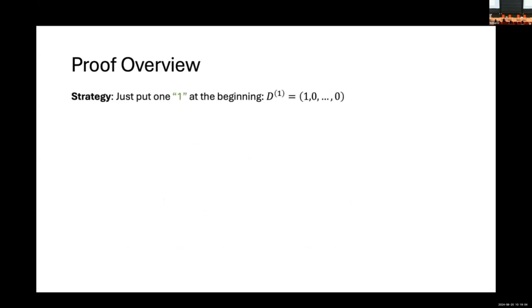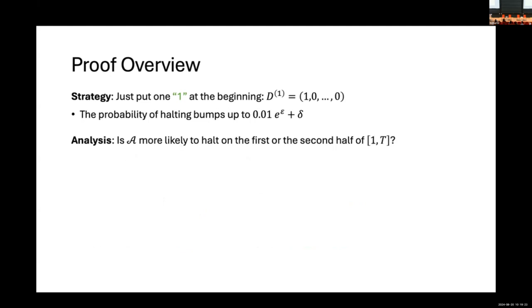Let's say we just append a single update at the beginning of the stream and see what happens. First of all, the probability of halting can bump up to 0.01 times e to epsilon plus delta across the whole stream, because you need the whole output vector to be differentially private. Then we ask ourselves, is the algorithm more likely to halt on the first or the second half of the stream?